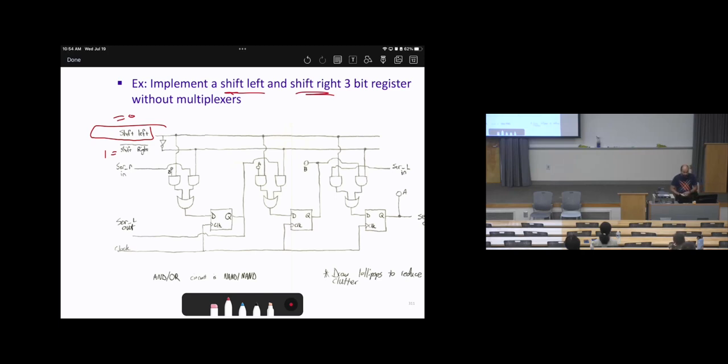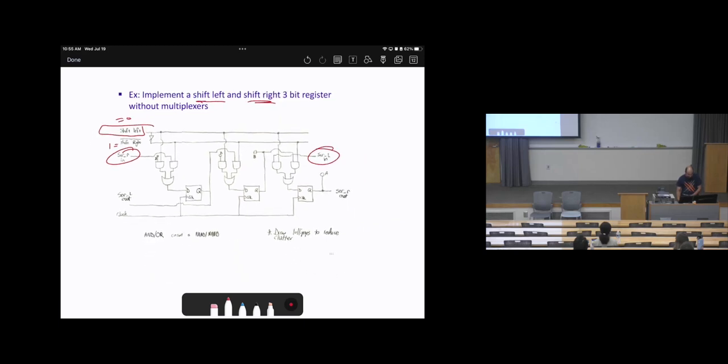If shift left is 1, this will make shift right 0, and we will move from left to right. So they are just the opposite of each other. So there is a button, called shift left. If you make it 0, you will shift right to left. If you make it 1, left to right. Okay? So there is a serial input for left, and a serial input for right. Then using this design, we can do it like this.